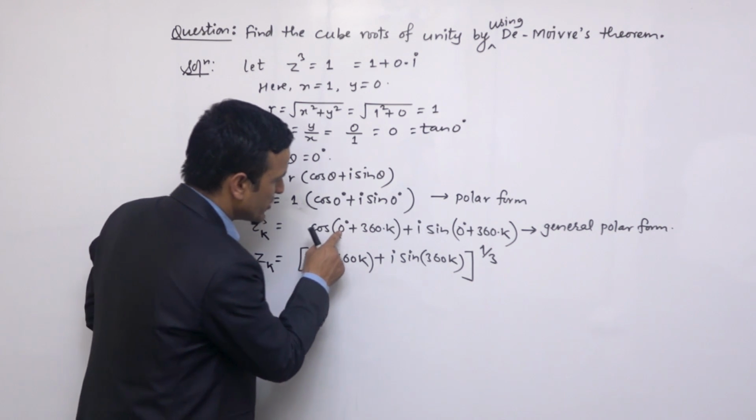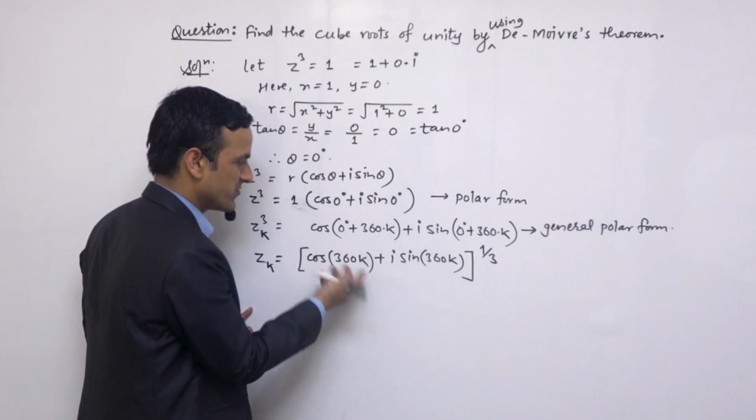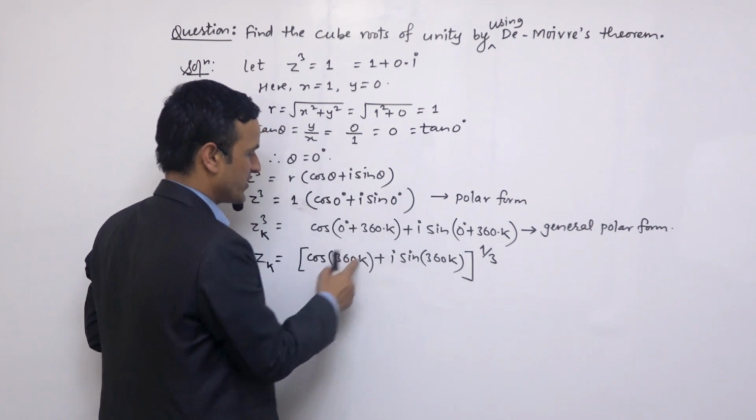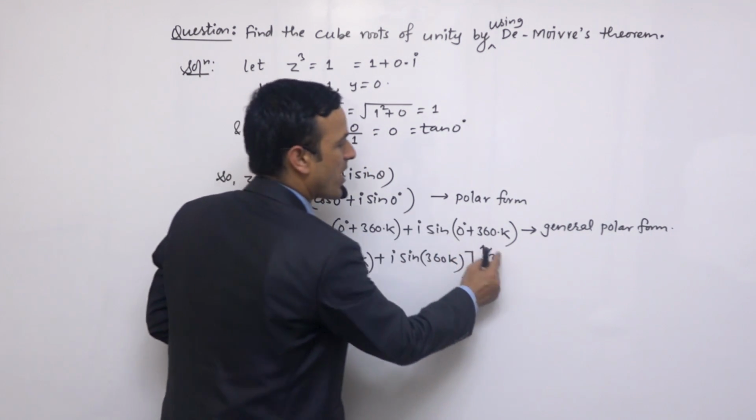Then after 0 degree not necessary to write over here. 0 degree नलेखे पनि हुन्छ. 0 plus भएपछि सेम हुन्छ 360k. 0 plus this means 360k अनि यताको 3 हटाउँदा 1/3.